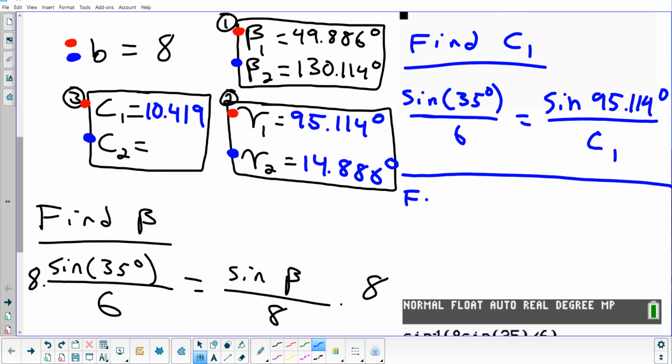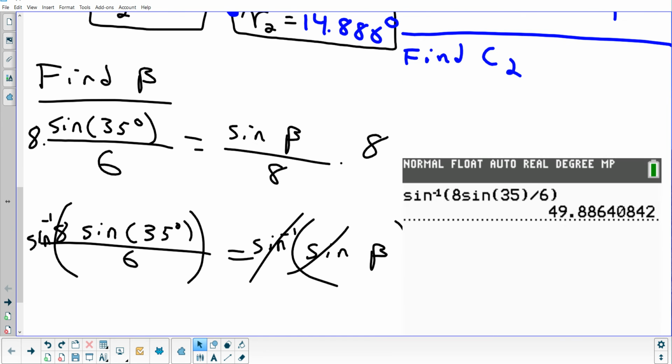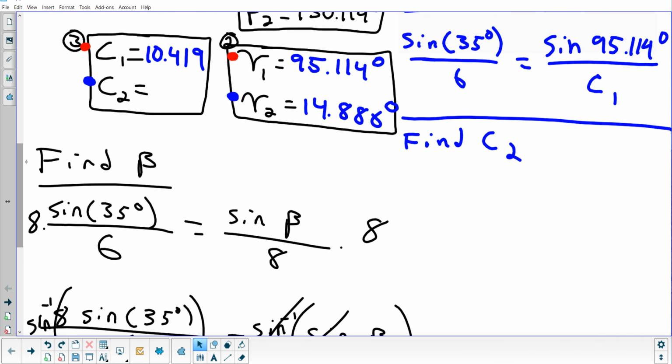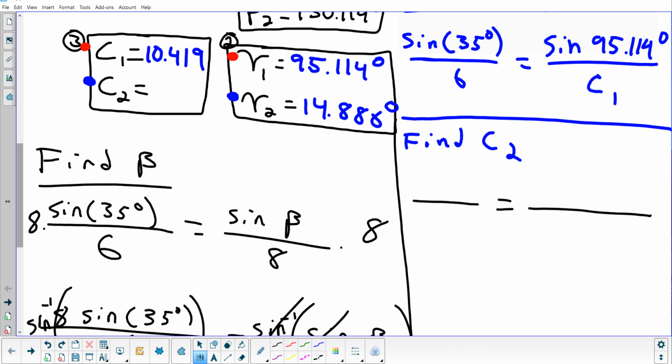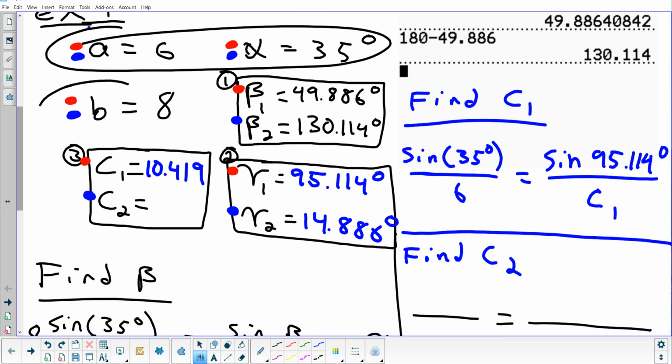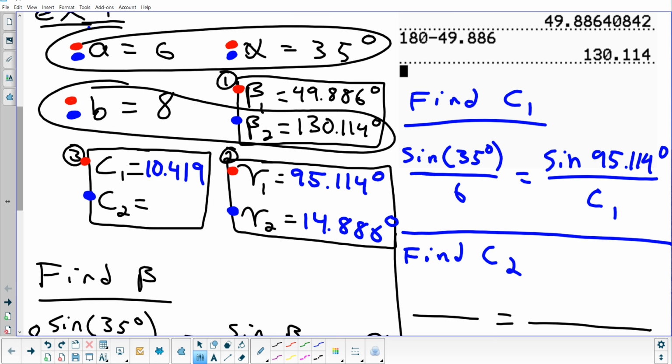Let's find C2. I already said you can use sine 35 over 6 again because that's a blue row. The two blue rows that you have that are complete are this one and that one. Those are your choices for blue rows.